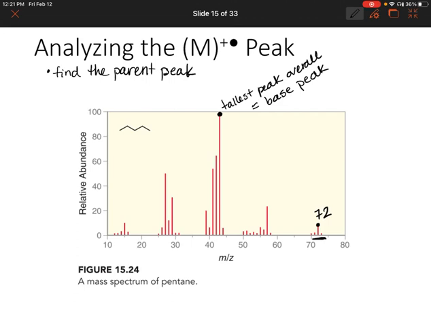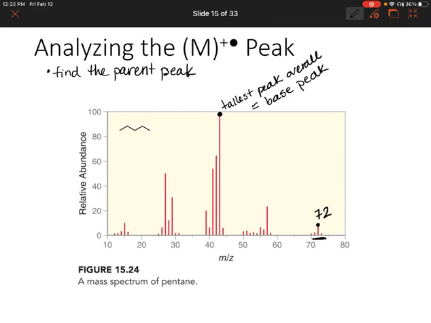And this could be due to fragmentation as well. So maybe a piece of your molecule split apart or separated due to that beam of electrons. But what's great about that is we can kind of use that to figure out, okay, what exactly broke off of my molecule, and can I kind of piece together all of the fragments to figure out what my original molecule was.